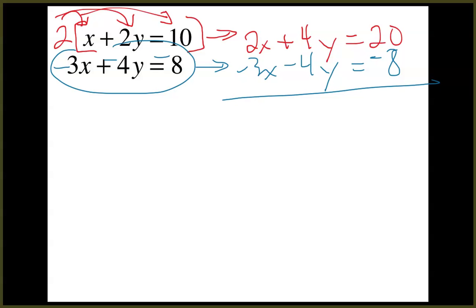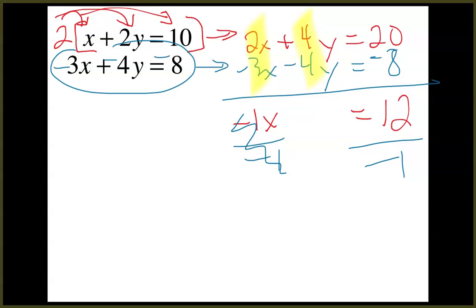And so what we're going to get here is 2x minus 3x is negative 1x, and 4y minus 4y, that's our elimination. That's what we were looking for. So we did eliminate something, and now we get negative 1x equals 12, and I'm just going to divide by negative 1 so that those scratch out, and we'll get x equals negative 12.